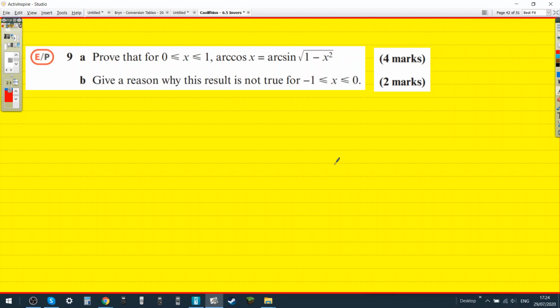In theory, let me see. In practice, I think we might have to square both sides. Let's see. If we cos both sides, we got what? X equals cos arc sine this. Hang on, prove that for between 0 and 1, arc cos x equals this.